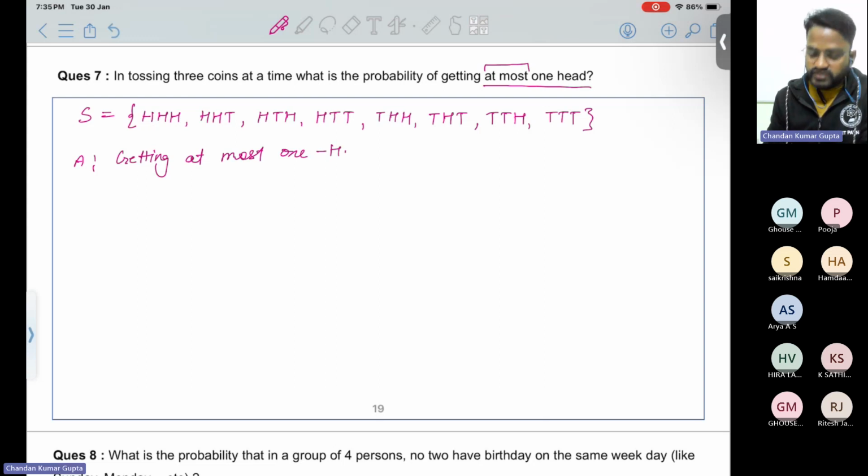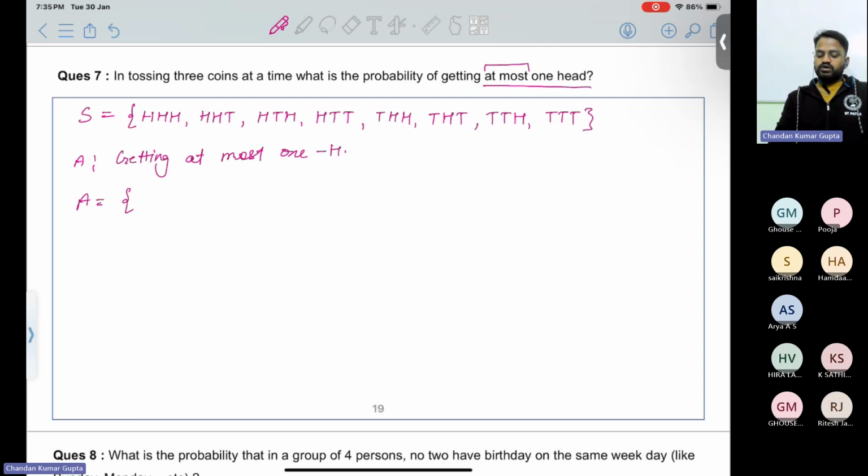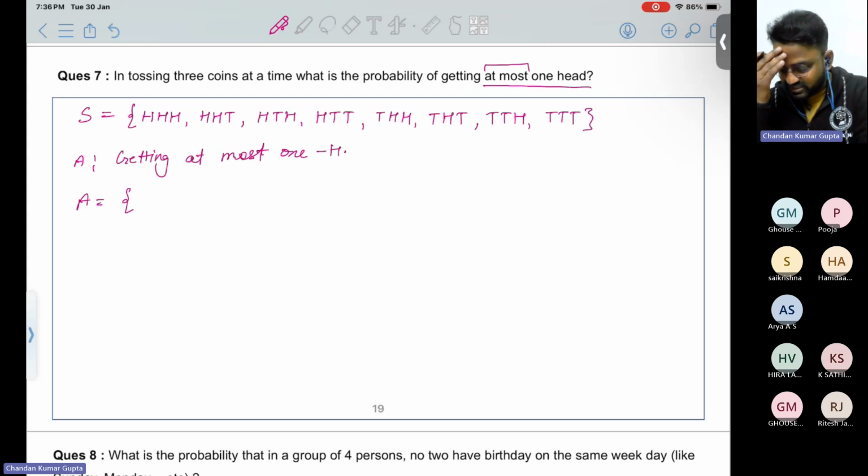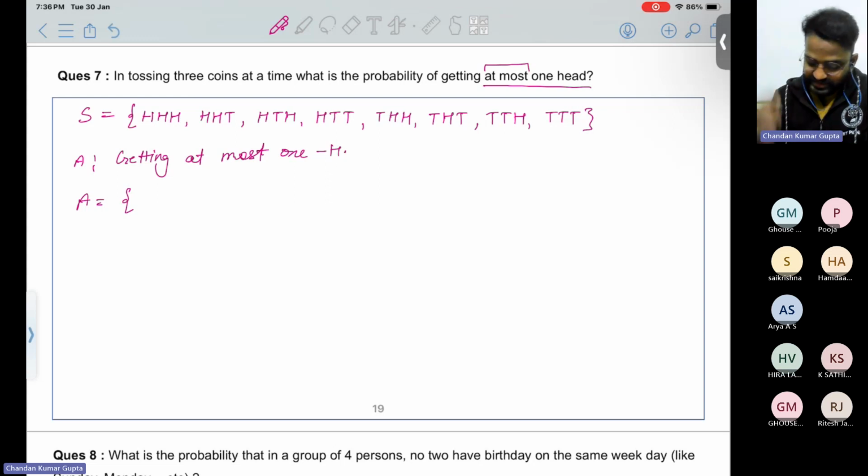So the probability is, first we write down which elements come here from the sample space. 2 by 8 or 1 by 4. Okay, actually you got the answer, but I'm still in the set in favor of A. Which elements should come in favor of A?